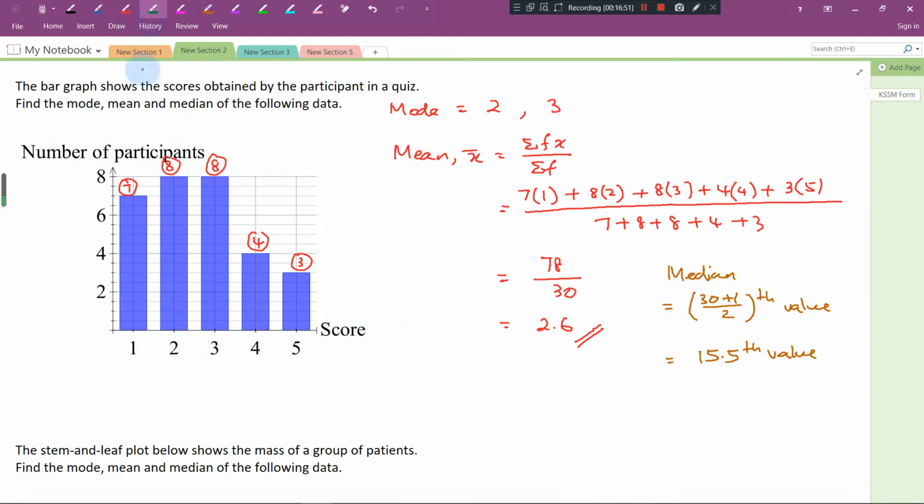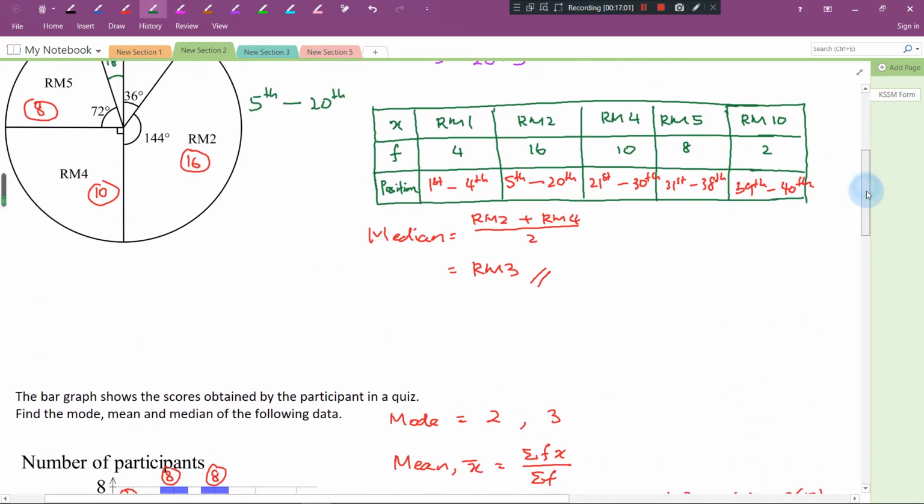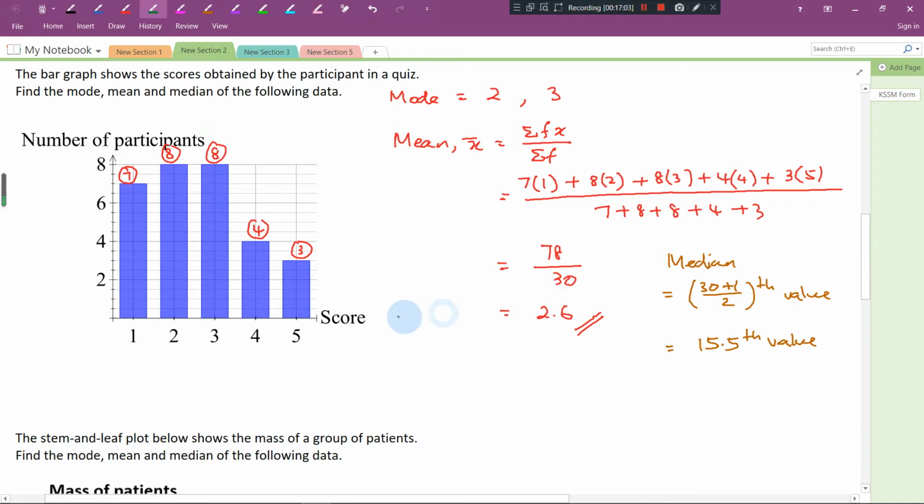So now we have to write the positions first. This is 7. Same thing, if you feel that it's quite confusing, you can just draw a frequency table like just now to help you get the median. So from the first until 7.